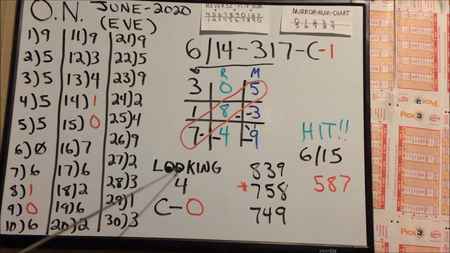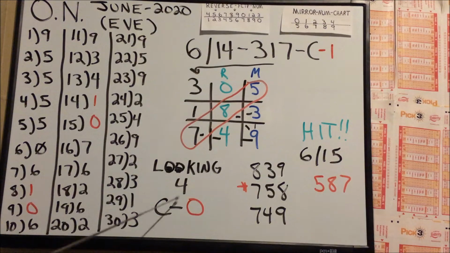So I knew that I was going to be looking for combinations coming from column 0, okay, according to the pattern that I saw earlier in the month. Now remember, there's only 22 combinations in each individual column. So I want to make sure I can find all the combinations I can from column 0 in this tic-tac-toe workout.